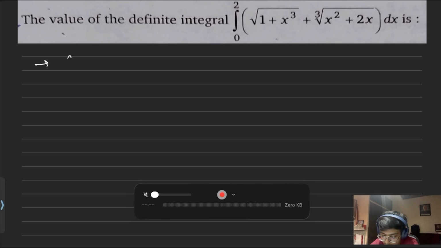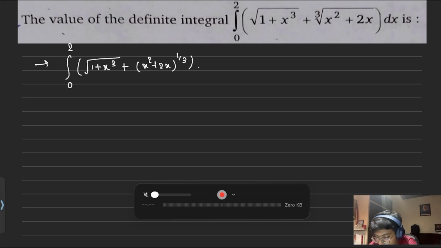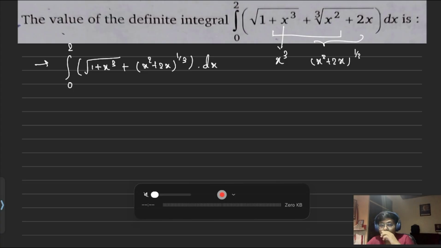So here the integral has been given as 0 to 2 of the square root of 1 plus x cubed plus the cube root of x squared plus 2x, dx, right? And the main point here that will lead us to the answer is having a keen observation. Here you can observe that the power of x is 3, and here the whole function is being cube rooted, which if observed carefully will lead you to think that it might be a combination of a function plus its inverse, right?